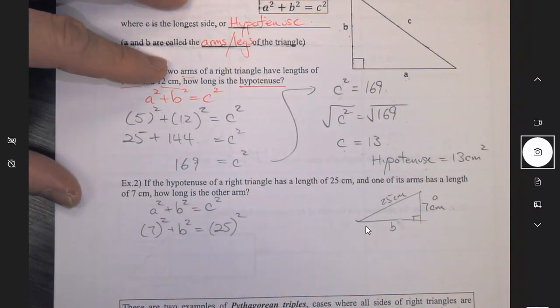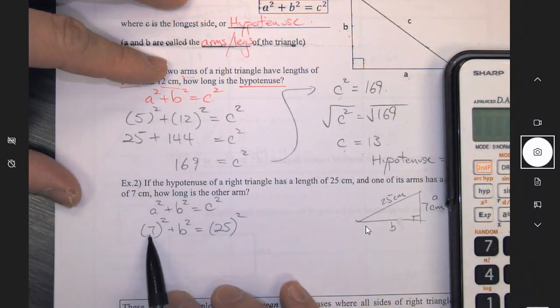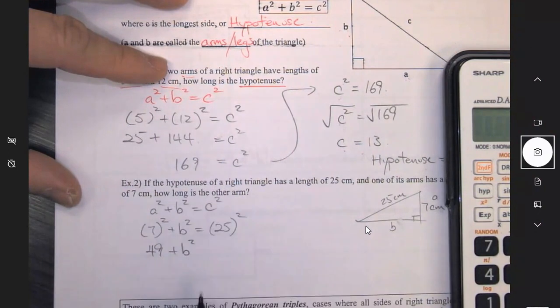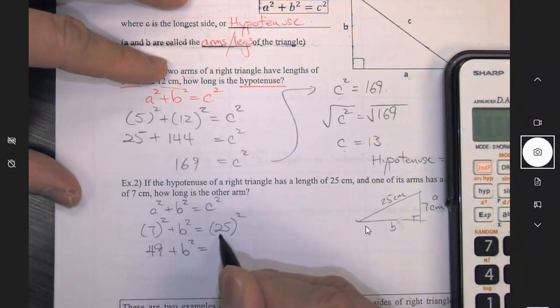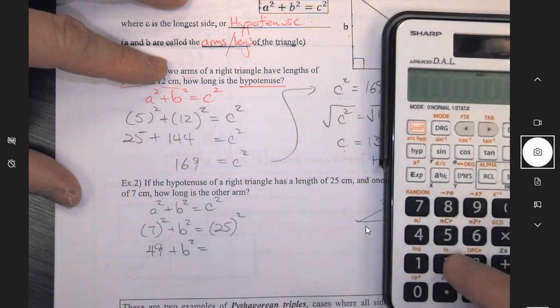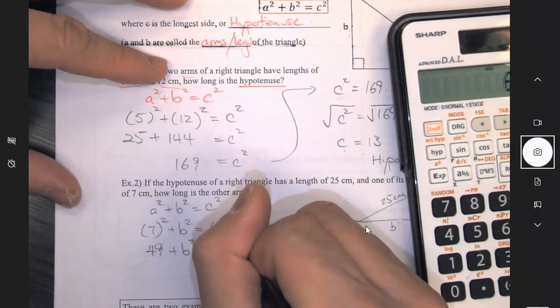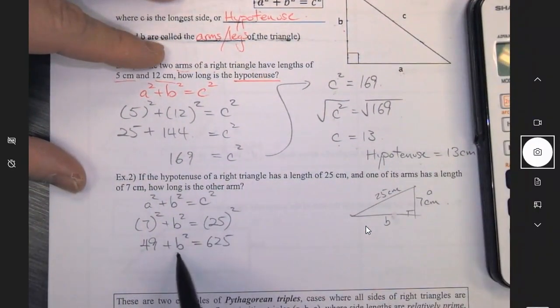Now we just plug the numbers into calculators. 7 times 7 gives you 49, plus b squared. We don't know what b squared is, so we'll leave it as that. And 25 squared, 25 times 25, gives you 625. Right now, we just need to isolate b squared.